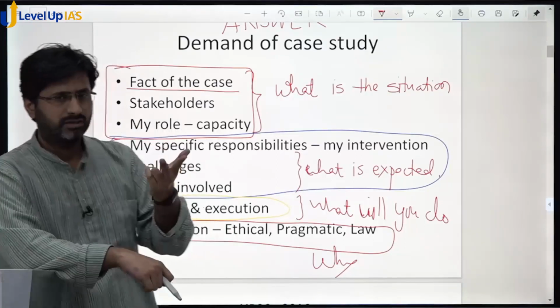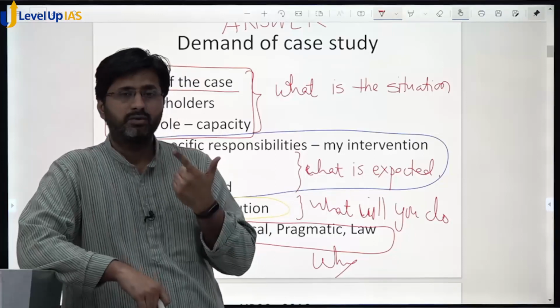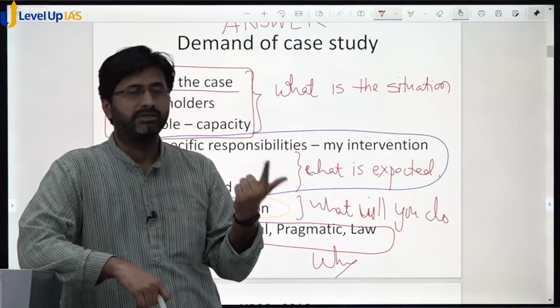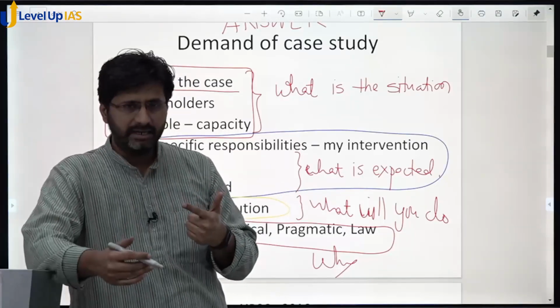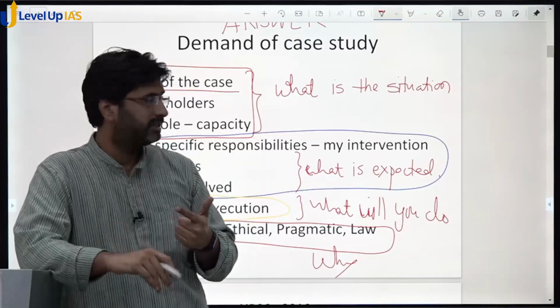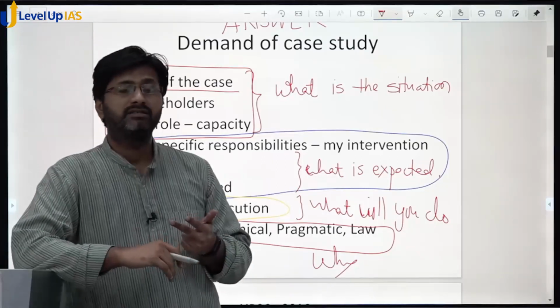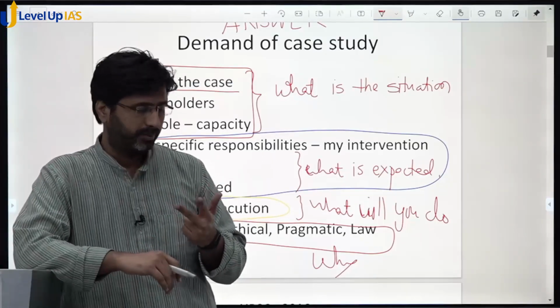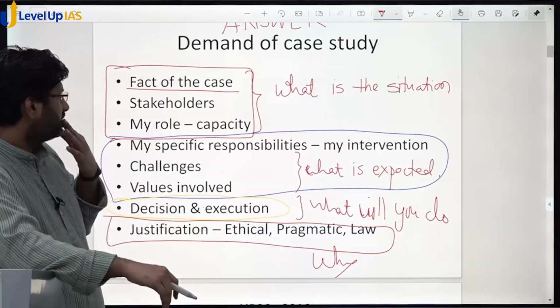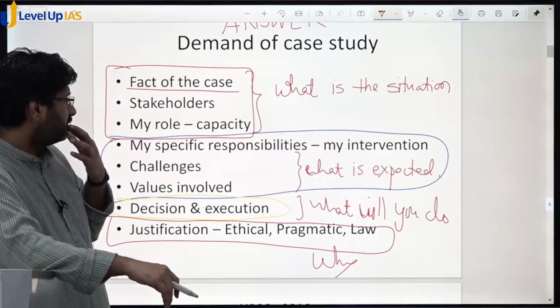ओके, या फिर उसको सीक्वेंस भी चेंज कर सकते हैं. फैक्ट दैट इज सिचुएशन क्या है, मेरा रोल एंड कैपेसिटी एंड रिस्पॉन्सिबिलिटी दोनों, मतलब मेरा लिमिट क्या है और मेरा ड्यूटी क्या है. ड्यूटी एंड लिमिट आर, ड्यूटी इज पॉजिटिव, लिमिट इज नेगेटिव कंस्टेंट. एंड तीसरा, स्टेक होल्डर्स कौन है, मेरा डिसीजन का इंपैक्ट कितने लोगों पे होना है और कौन कौन पे होगा. ठीक है. देन challenges, values and specific intervention.